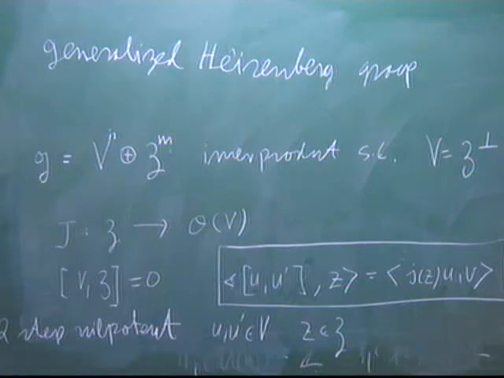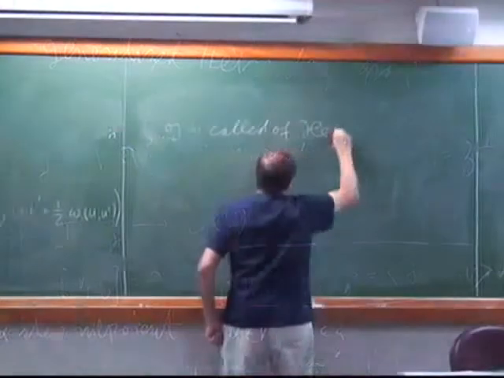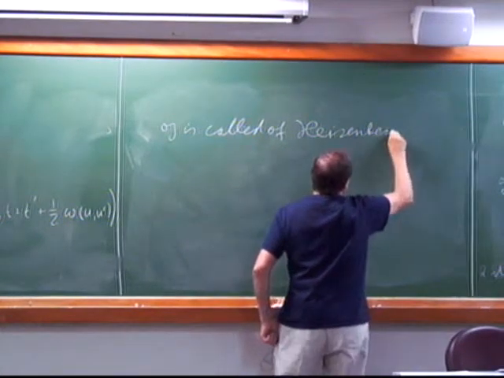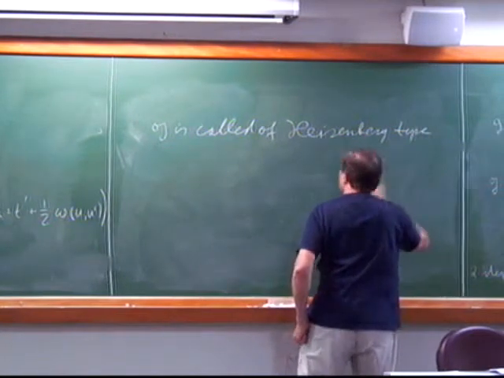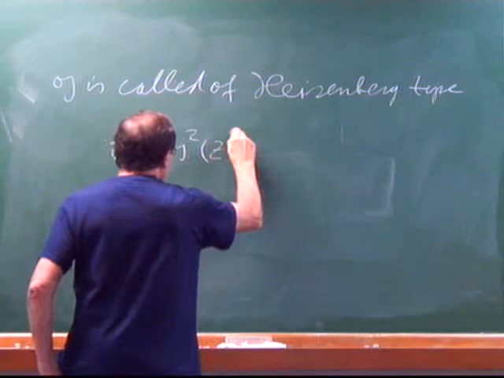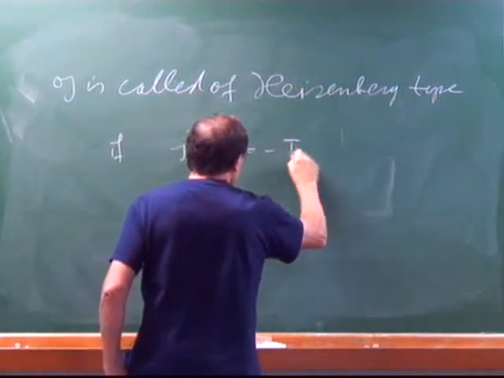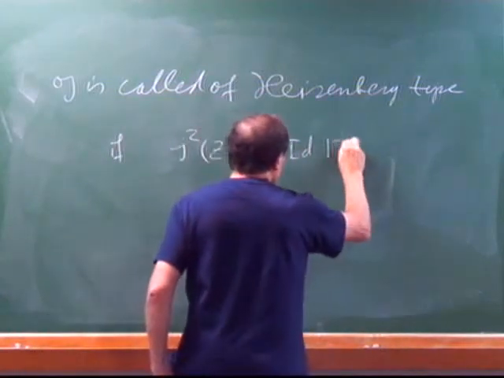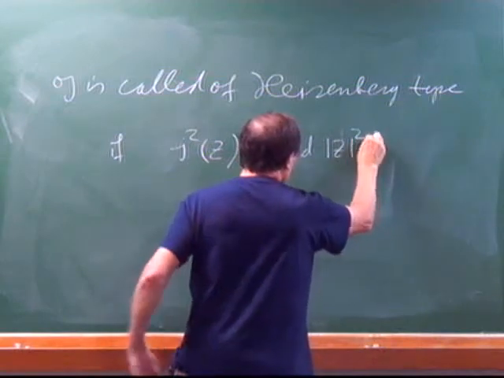And there's an important subclass which has been studied a lot. G in this case is called of Heisenberg type if J squared of z is minus identity times the length of z squared.